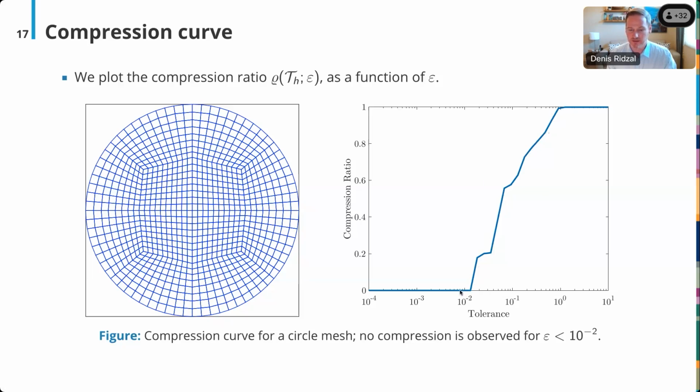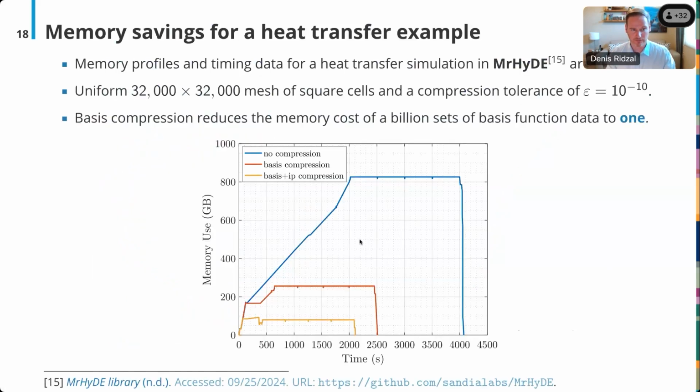And then finally 0. And for this mesh of a circle, we observe no compression for any epsilon less than 10 to minus 2, which is kind of obvious by just looking at the mesh. There's not a lot of cells that are the same here. In fact, barely any really are the same. So that is the compression curve.